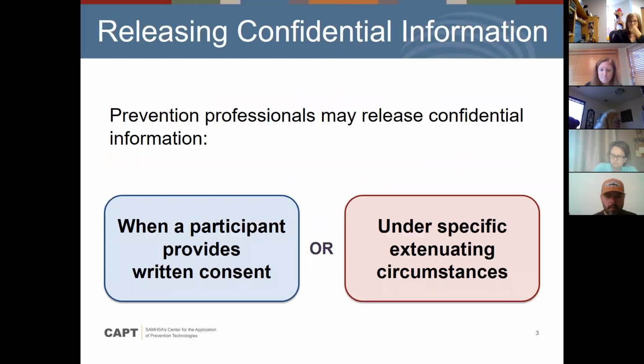Go ahead, Dodie. So a participant's written consent, or a specific circumstance, is the only time that we can release this confidential information. An example of that is with diversion class. Again, they're doing this online now, but they're signing a release of information so that when they're done with the class, I can go ahead and submit a completion to the court.